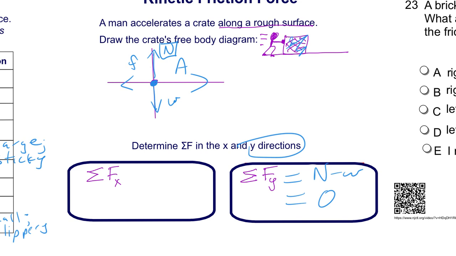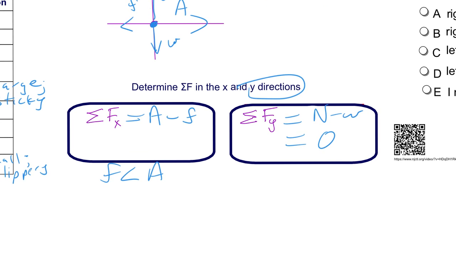In the x direction, if the friction was smaller than the applied force, then we would say A minus friction would be the net force in the x direction. Now, you could have the friction bigger than the applied force, and that would mean it's slowing down.